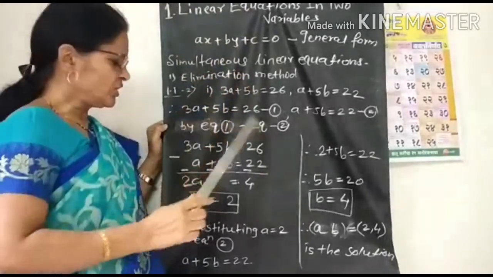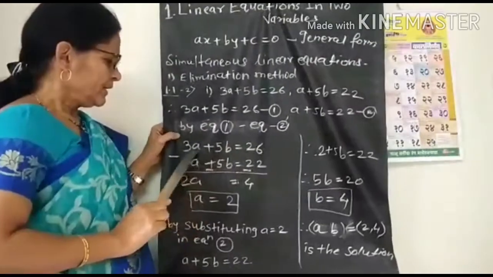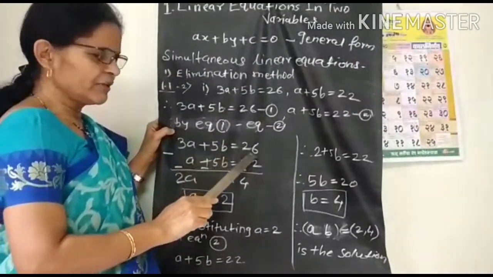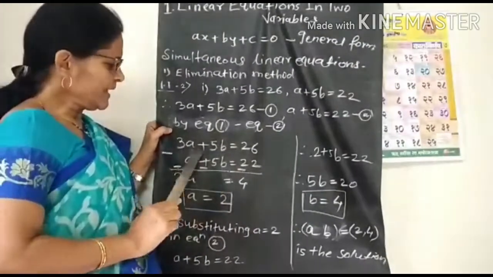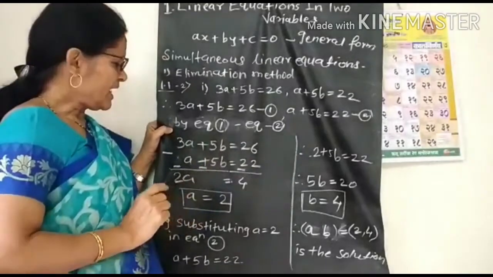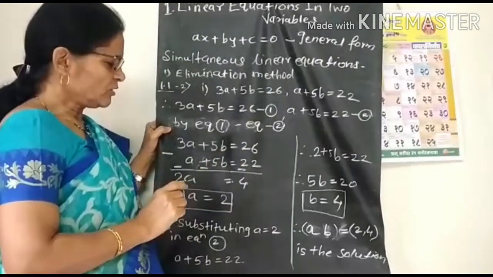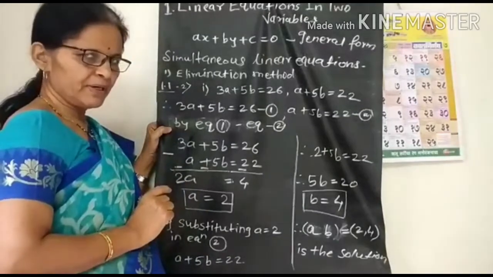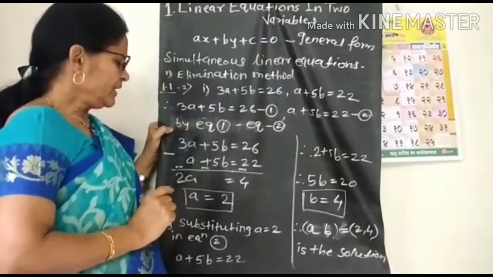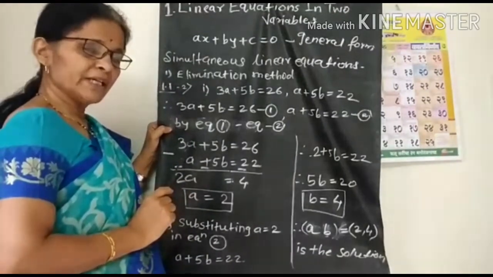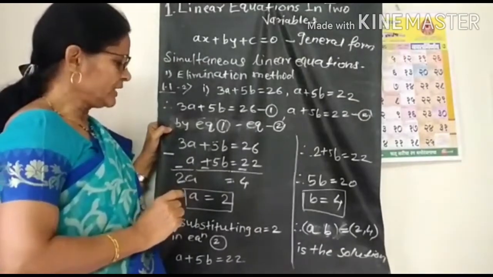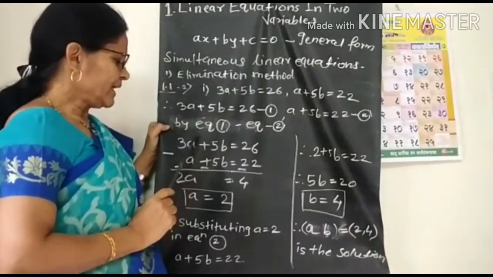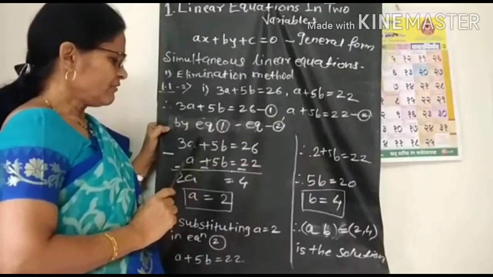Linear means ratio. For example, here 3a plus 5b equal to 26. Here a and b are the variables and power or index of these two variables is 1. When any coefficient or any index is not written, then at that time there is a 1.